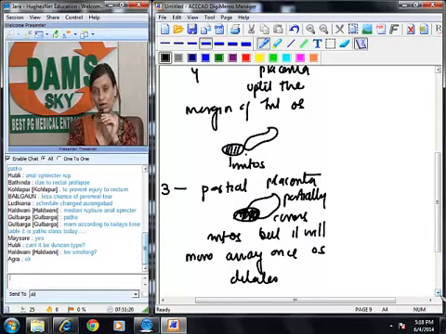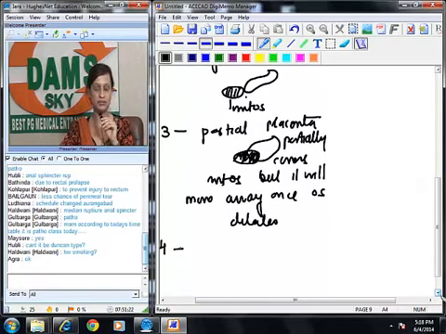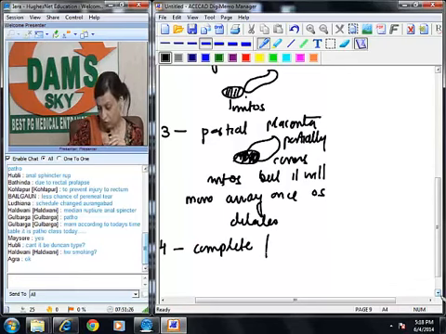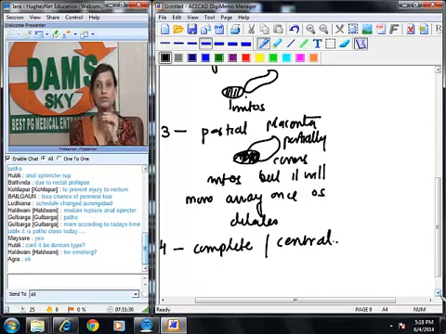Type 4 is called a complete placenta previa, also called a central placenta previa. So type 4 is complete or central, where the placenta completely covers the internal os.